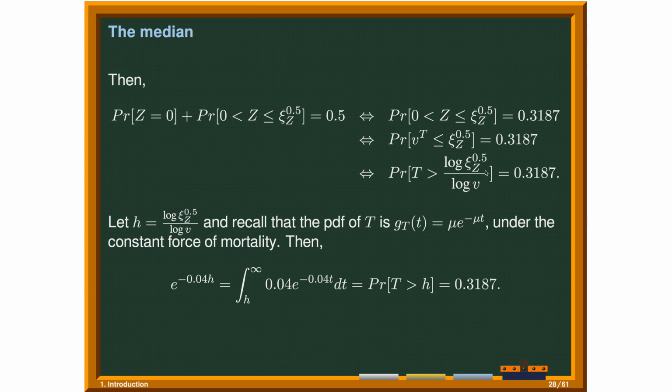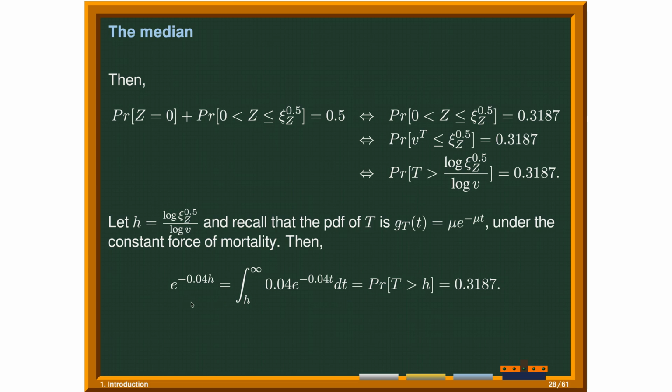And then again, if we take this as h, and knowing that the PDF is this, under the constant force of mortality assumption, the left-hand side can now be written in terms of an integral this way. So it's from h to infinity, and then you have the PDF of the random variable T. And then when you evaluate this, it gives you this quantity.